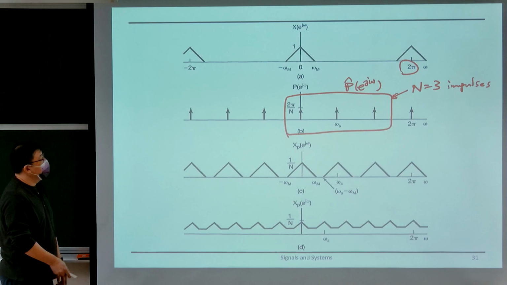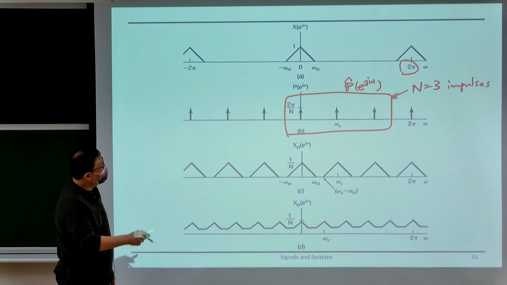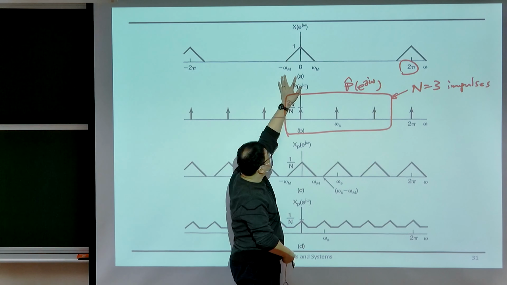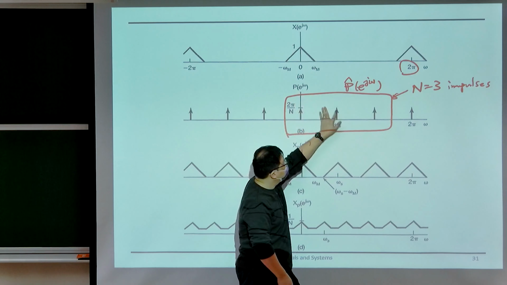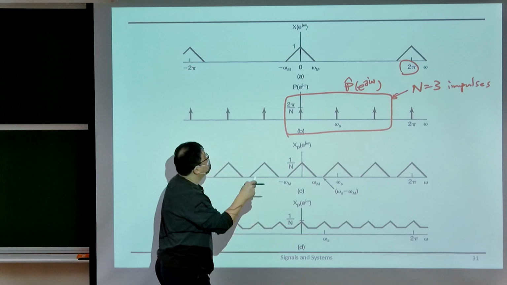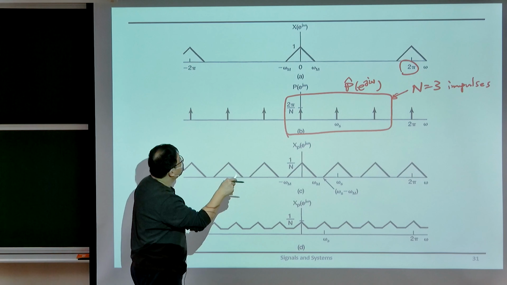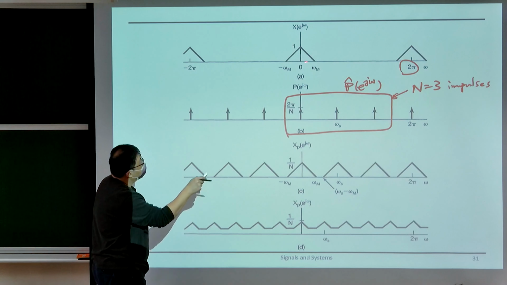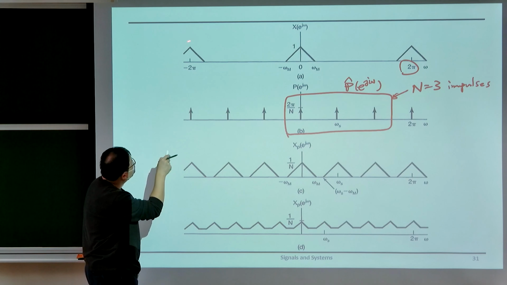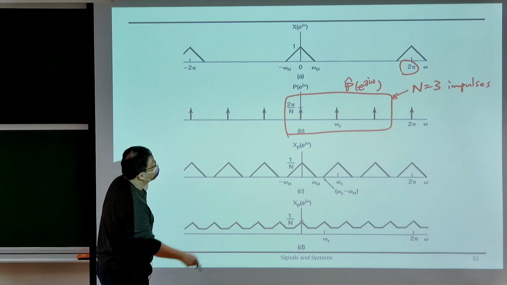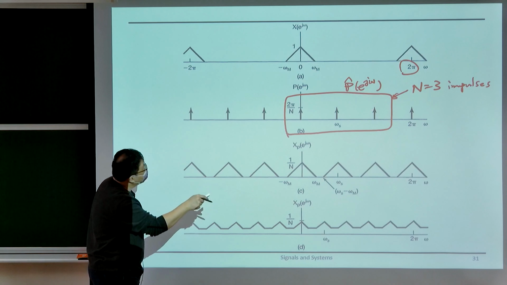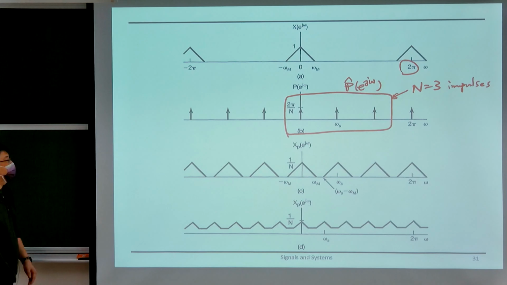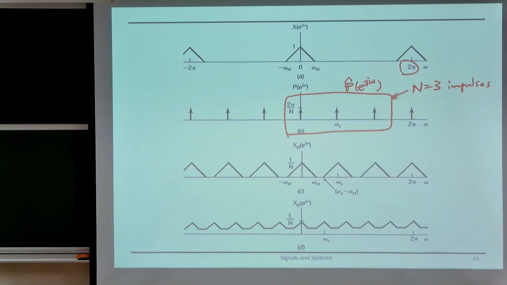You take the convolution between x and p hat, which will move this entire spectrum to this position, and this position. When you move this to this position, you also have this moved here and this moved here. When you move this to this position, you have this moved here and this moved 2 samples down, two integer multiples of omega s.